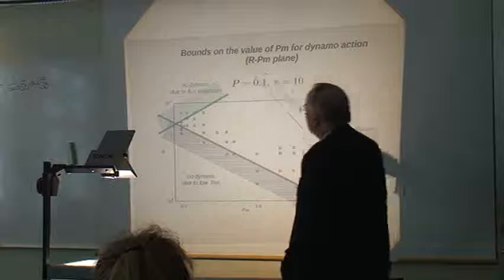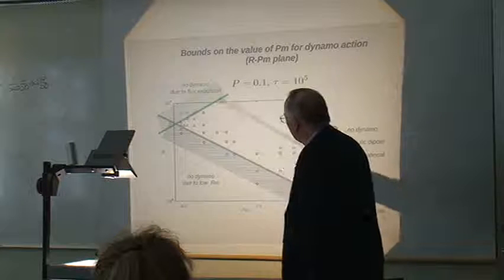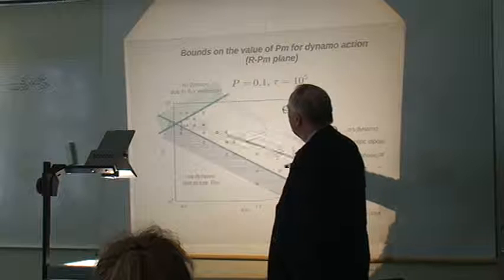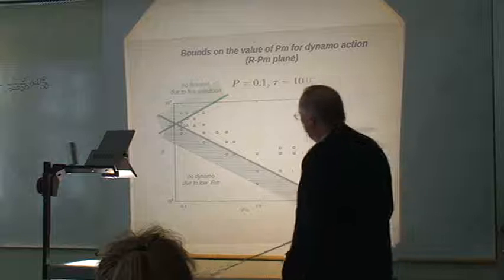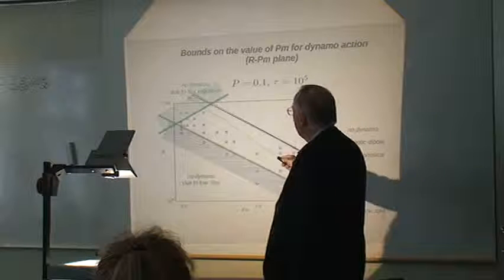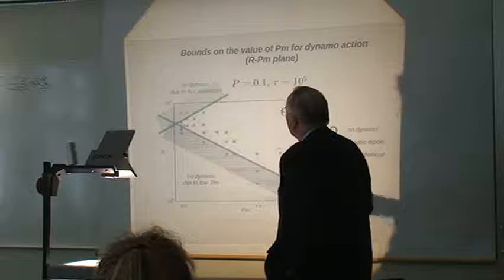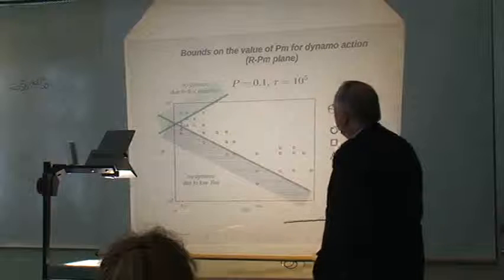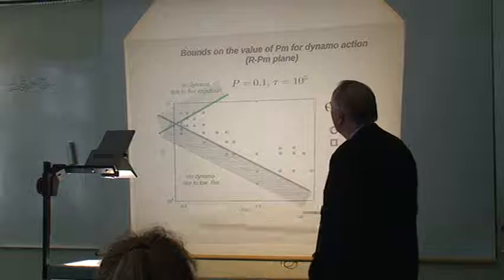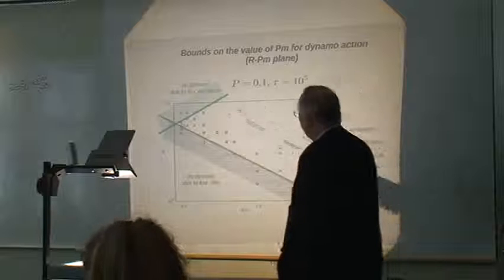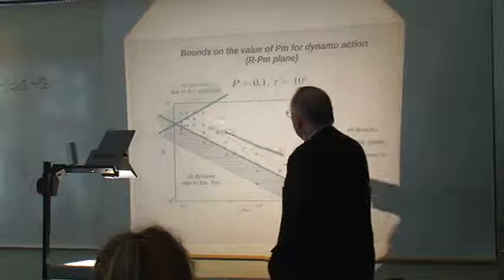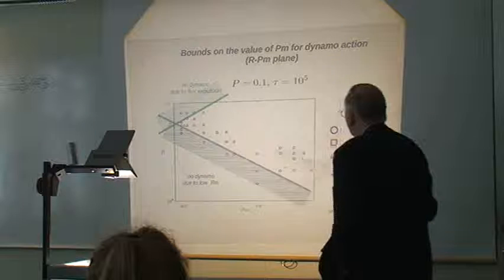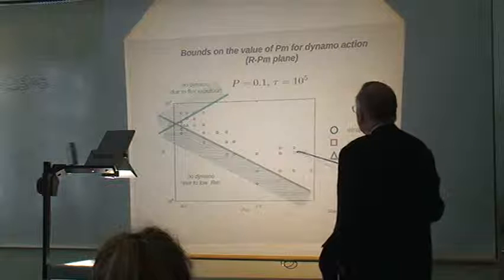But there is another boundary for dynamo action, which is caused by the fact that if convection gets too vigorous, then we have flux expulsion, and we can no longer expect amplification of the magnetic field. So there is a boundary up here as well, and then we can characterize the dynamos.